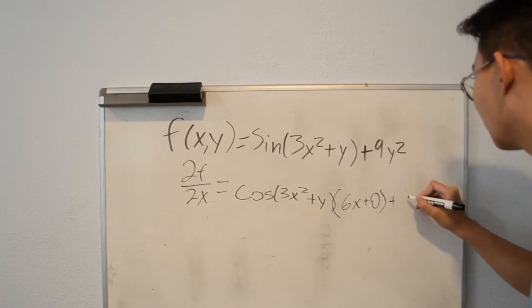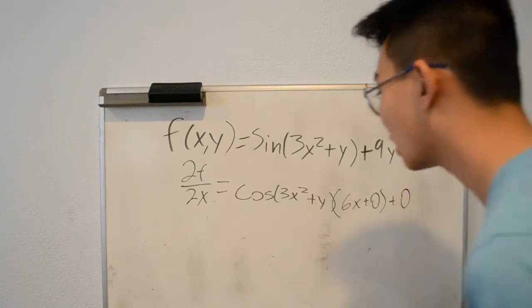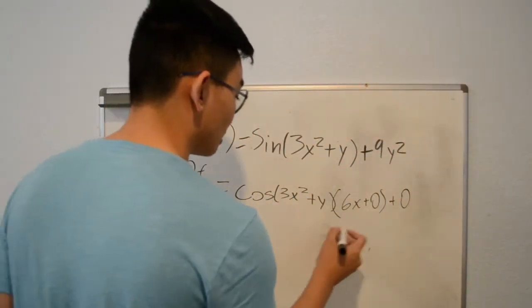That becomes a 0 because, again, that's a constant. So then you just get this.